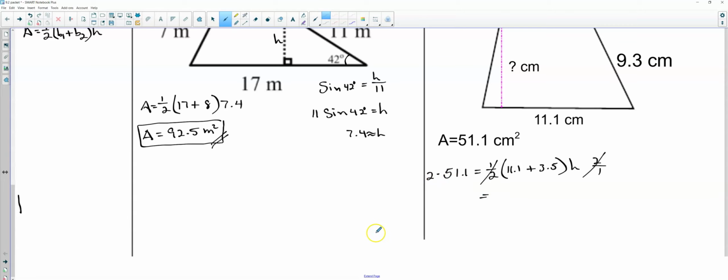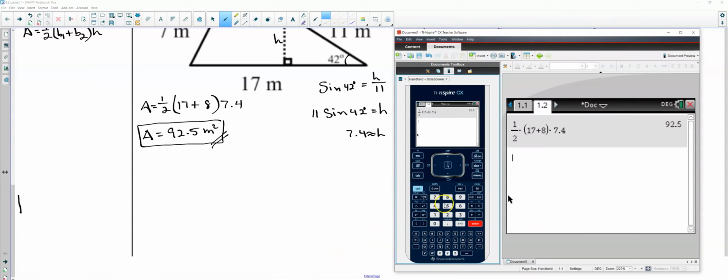So 2 times 51.1 is what? 102.2. I think. Let me see. 51.1 times 2. Enter. So it's 102.2.